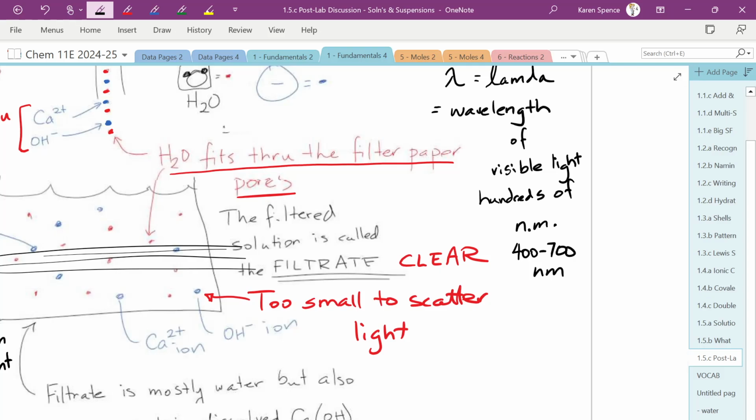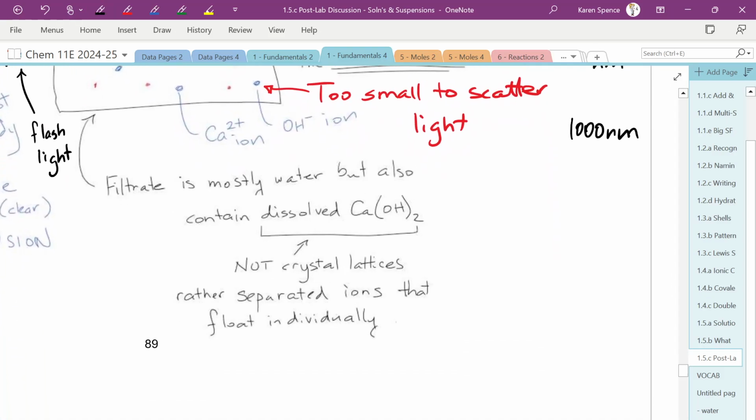But if you have a suspension, the particles are bigger than 1 micrometer, which is 1,000 nanometers, which is big enough to scatter the light because it's bigger than the wavelength of the light. You don't need to know that. I barely understand that. I don't even know what I just said. So forget I said anything, okay?